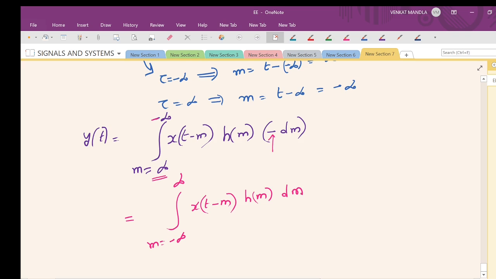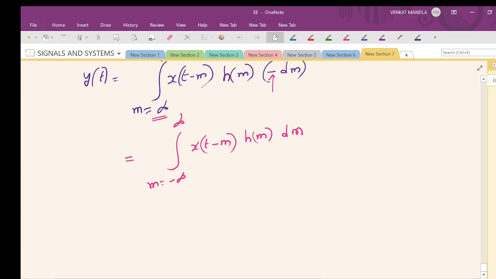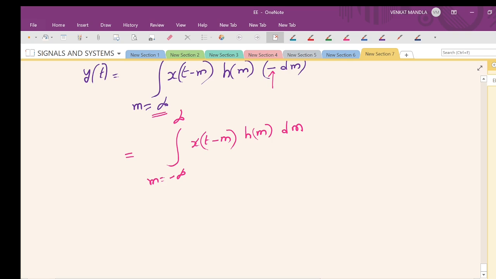If you change the limits from upper limit to lower limit, you have to put a negative sign here. Here I already have a negative sign. Now you can replace m with tau, because it is a dummy variable, right? Replace m with tau, that equals the integral from tau equals minus infinity to plus infinity of x of t minus tau h of tau d tau.